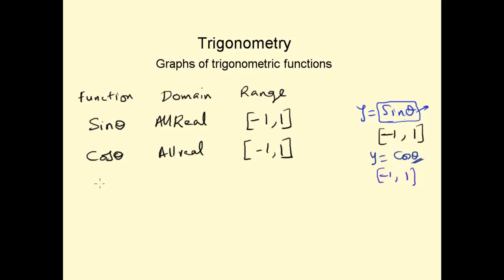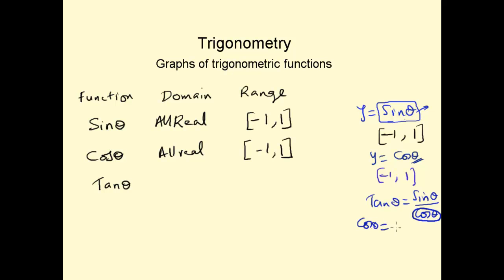Now let's take tangent theta. So tangent theta is actually defined by sine theta over cos theta. So here theta can take any values except when the denominator is 0. So the denominator is cos theta. When is cos theta equal to 0? Let's see.